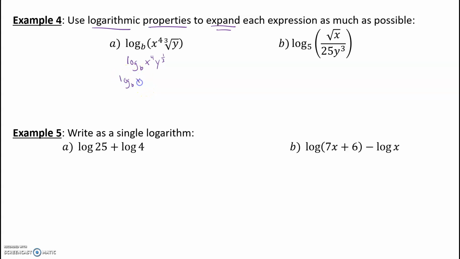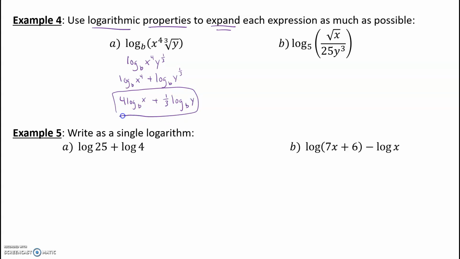Log base b of x to the 4th plus log base b of y to the 1/3. Now I also see a power, so I'm going to bring it out front. So I have 4 log base b of x, and then again, 1/3, bring it out front, 1/3 log base b of y. And that's about all I can do.